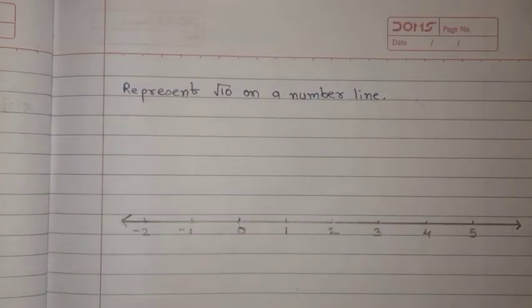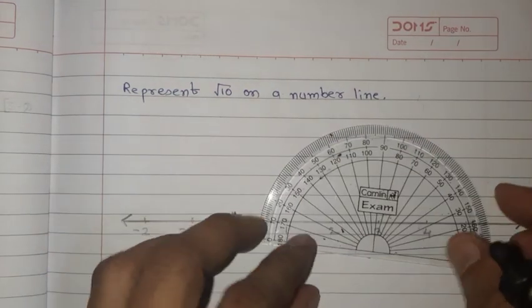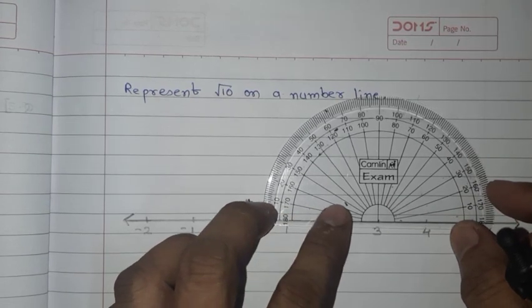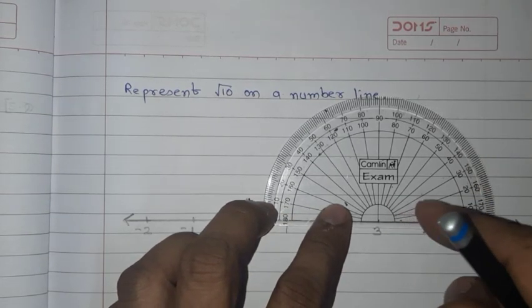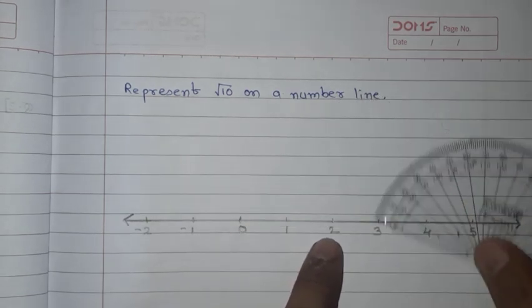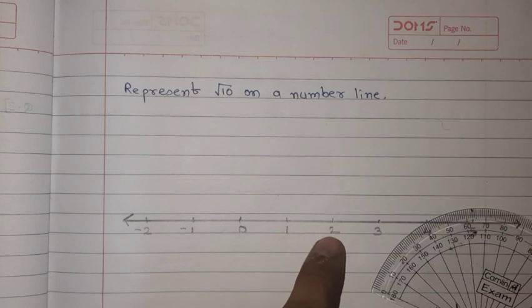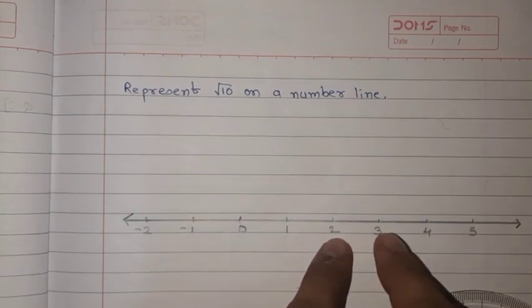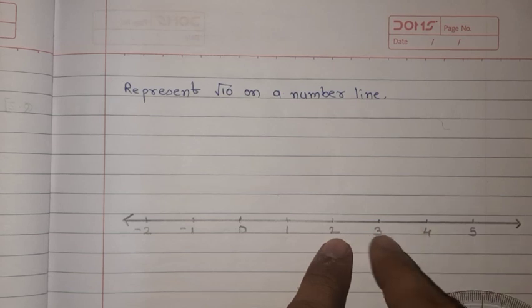Therefore see dear students, here we have to draw the perpendicular line. I think everyone understood why we are drawing the perpendicular line on point 3. In the previous sum we drew the perpendicular line on point 2 because root 5 lies between 2 and 3, and root 10 lies between 3 and 4.